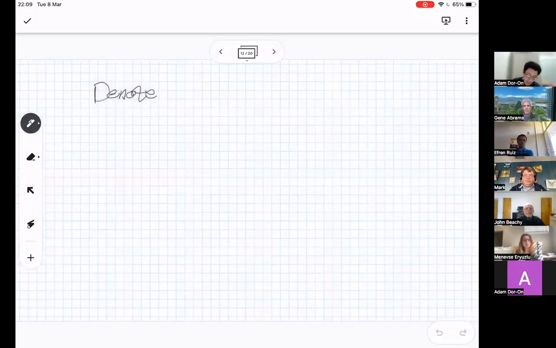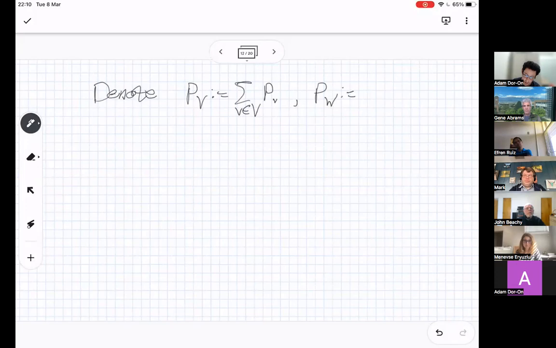So we denote by PV the sum over v in V of P_v, and PW the sum over w in W of P_w, right? So again, our matrices C and D are both indexed by V disjoint union W, I remind you, right?